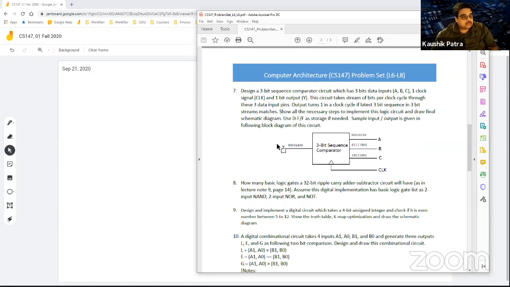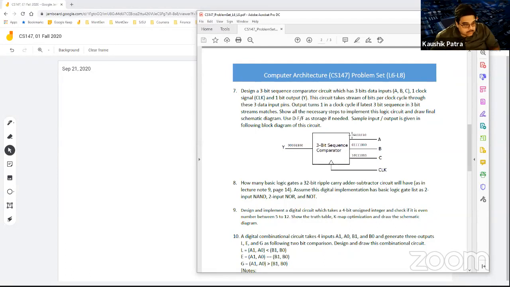And it has 1 output. This circuit is a 3-bit sequence comparator, which basically matches the values of this incoming bit stream. And if they all match 3 consecutive times, the output becomes 1.